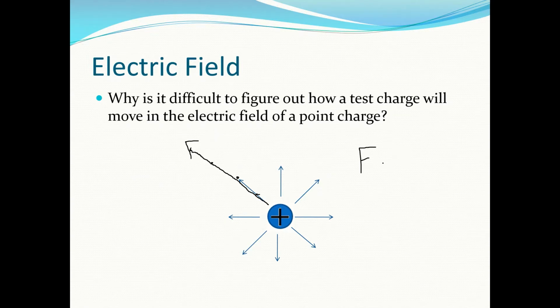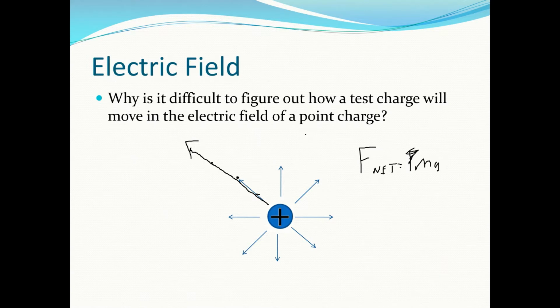So if we think about it in terms of acceleration, like F net equals ma, as our electric field gets weaker, our acceleration will get weaker, and then we have this changing acceleration, which makes it super difficult to analyze. So it's because the field is changing. That's why it's so difficult.